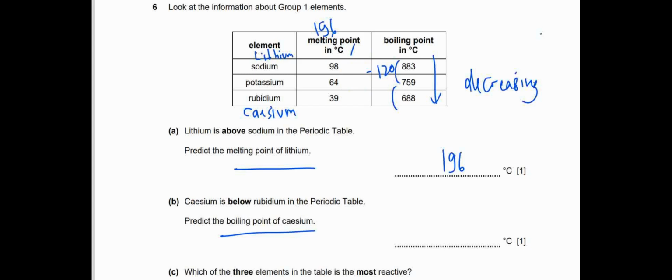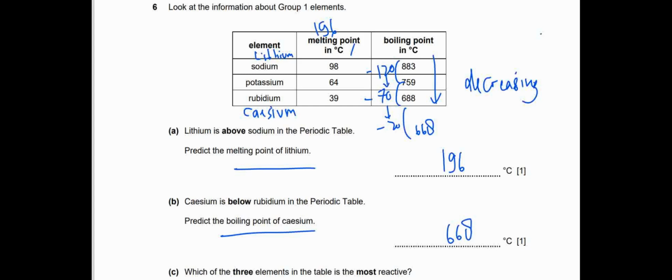And from here to here is minus by around 70. Then from here to here is 50. So 70 minus 50 is minus 20. So we minus 20 from here. 688 minus 20 is 668. So we write down 668.